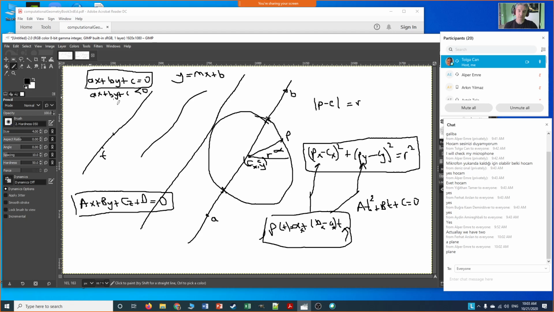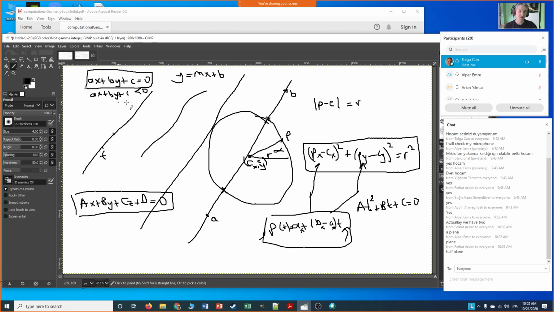Any ideas? You can write in the chat box. Exactly, correct. It's a half plane. So it divides the plane into 2 unbounded regions. This is a half plane, and in the book we will be discussing half planes.